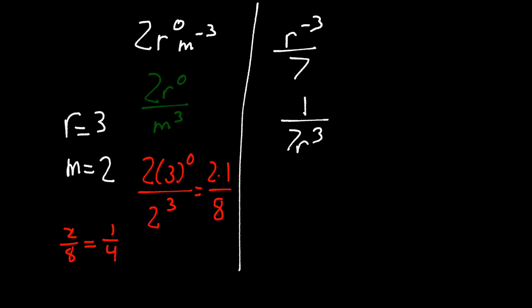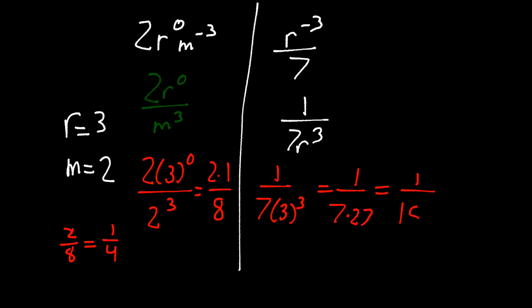So what I have is 1 over 7 times 3 to the third, which is 1 over 7 times 27. And 7 times 27 is 189. So I get 1 over 189. And there we have it.